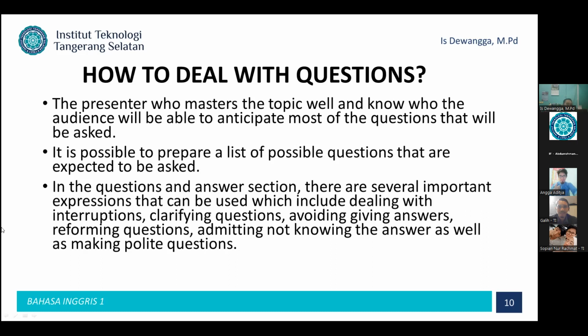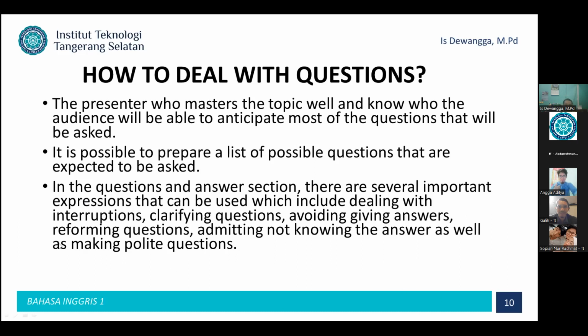Okay. And the next one, in the question and answer section, there are several important expressions that can be used, which include dealing with interruptions, clarifying questions, avoiding giving answers, reforming questions, admitting not knowing the answer, as well as making polite questions.